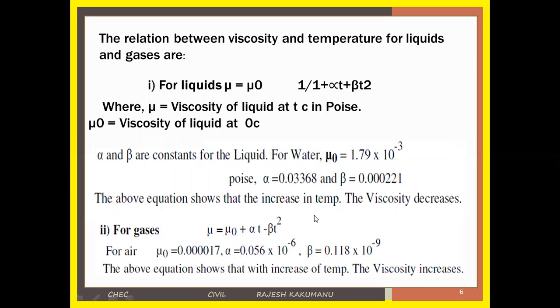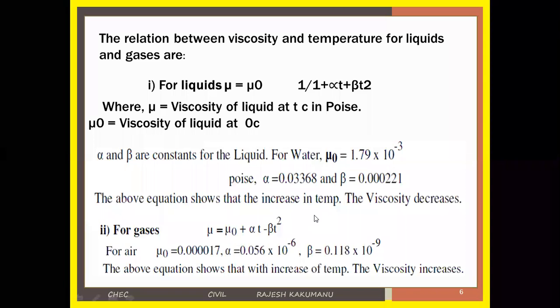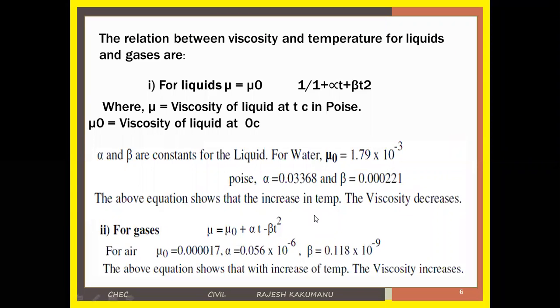So simply keep in mind, for gases, whenever the temperature is increased, the viscosity of the gas also increases. For liquids, whenever the temperature is increased, the viscosity decreases based on the formula.